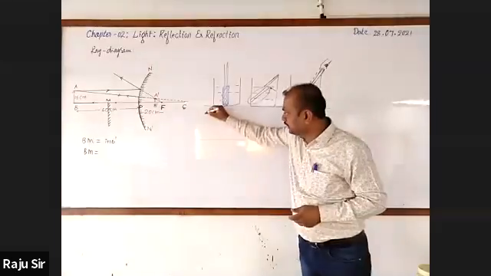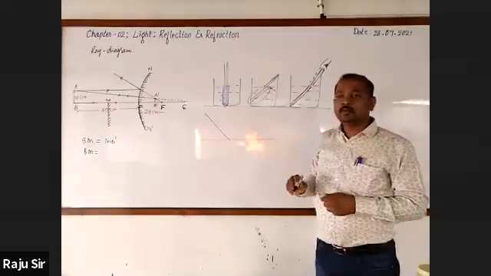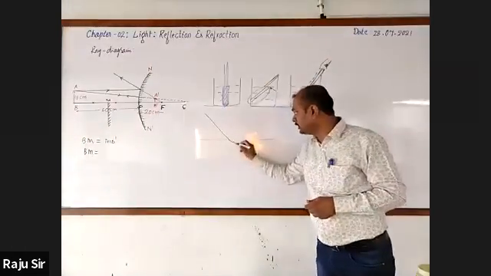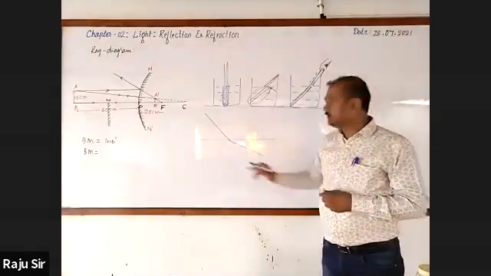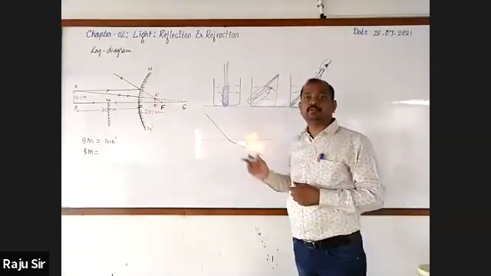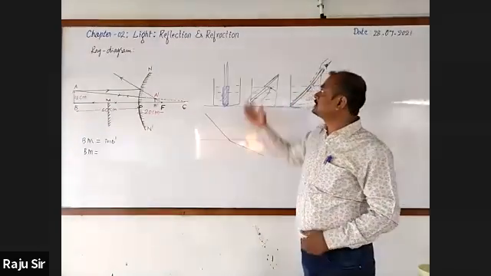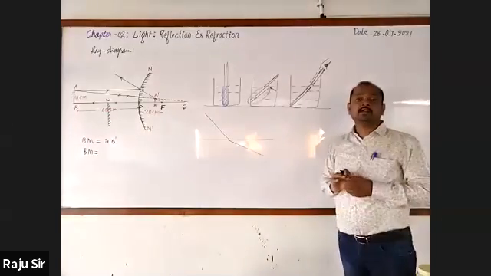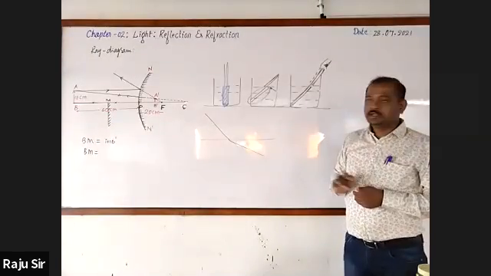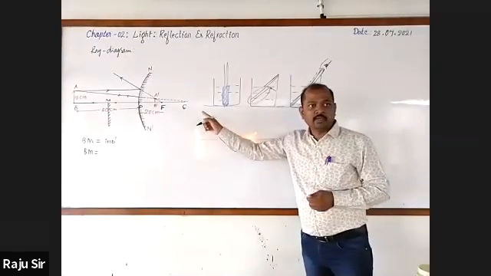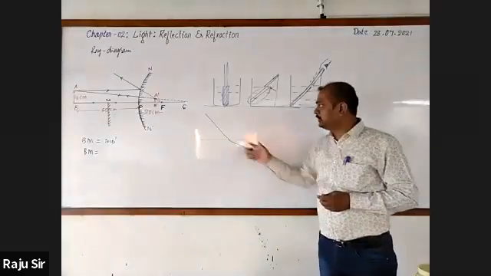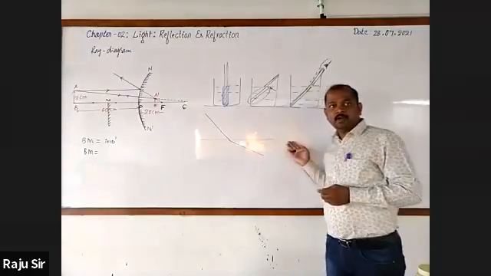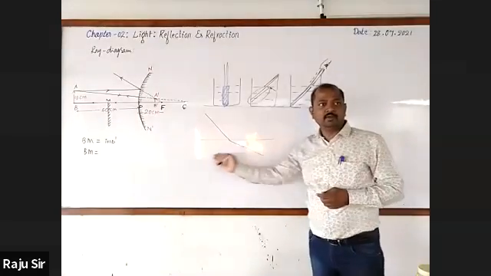When a ray of light travels from one medium to another medium, it changes its direction of propagation. This is known as refraction of light. So when it is traveling from one medium to another medium, it may bend away or it may bend towards.